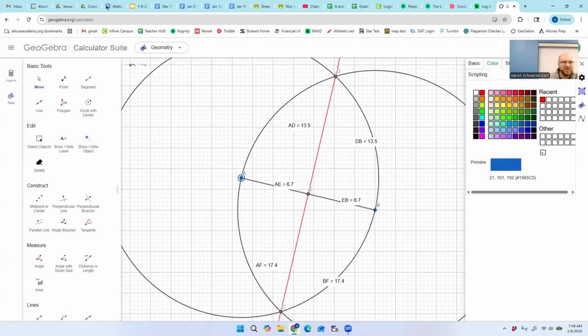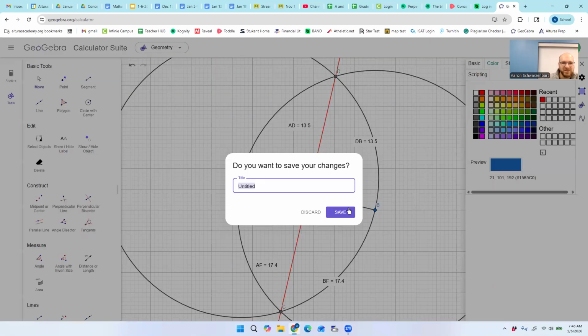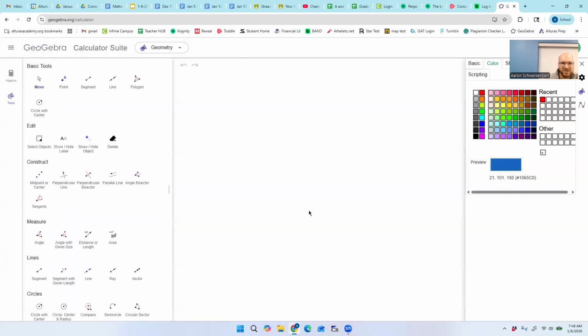One thing that's going to be really useful here is also taking a triangle. Now, in GeoGebra you can save if you create a thing. I'm just going to clear this, but if you create an account, you can save things. This one I don't need to.